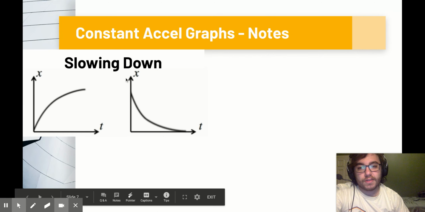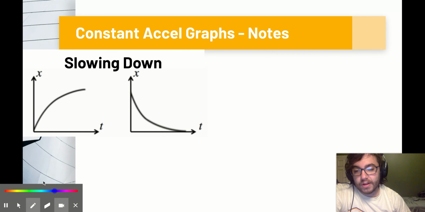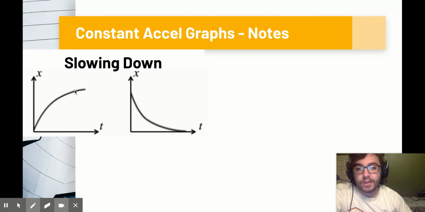So if we were to look at these, anytime you see something where over a period of time the slope gets lower compared to how it started. Right here, the slope is kind of steep, and then over here, it's almost at zero.